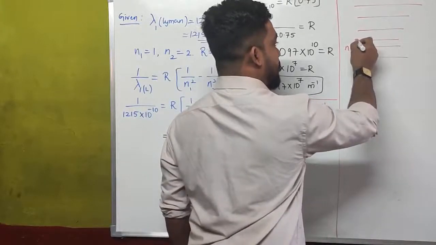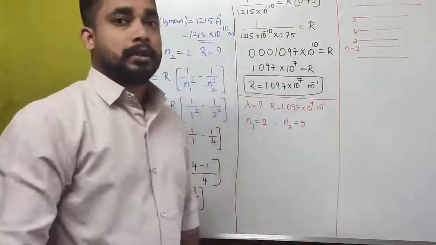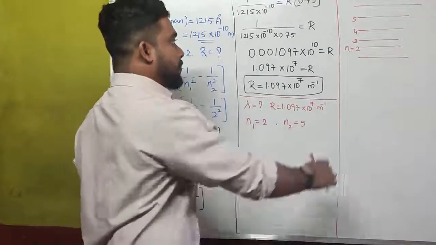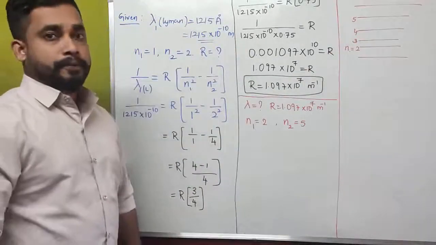This is the first member, second member, and this is the third member. The third member of the Balmer series is the fifth orbit. That is why we have written N2 is equal to 5 here.